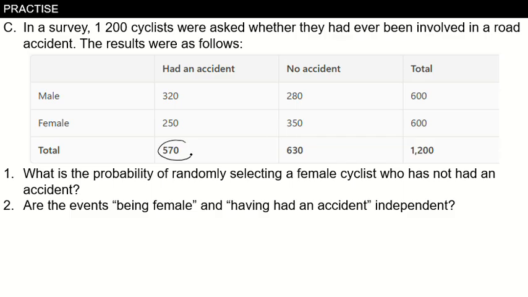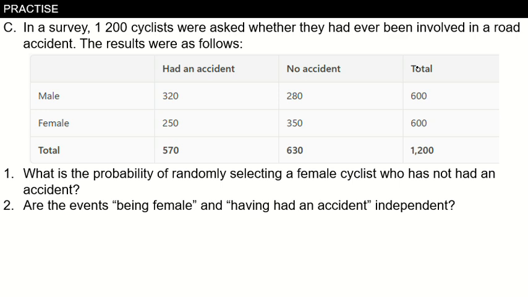What we see here at the bottom is 570 people that were interviewed had accidents. 630 people had no accidents. If I add these two together, I need to get 1,200. And if I add these two together, I need to again get 1,200. So that's how a contingency table works.